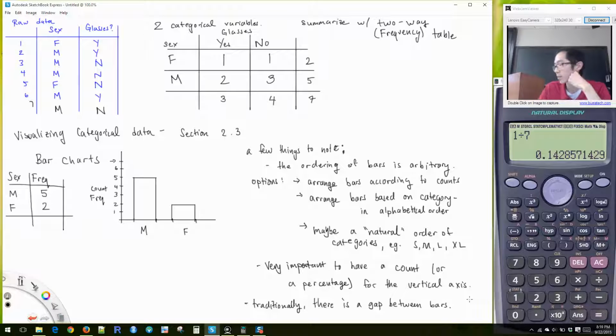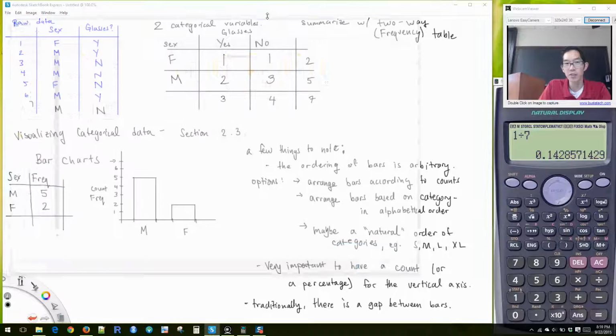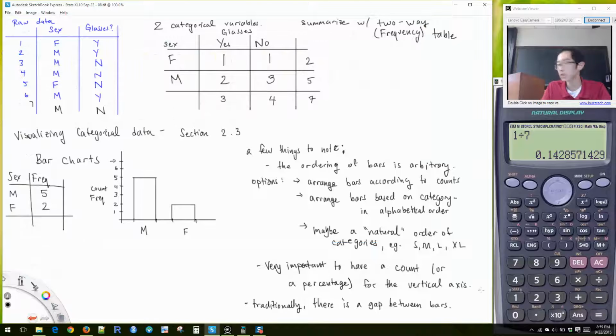It's not wrong per se to have no gap, but it just doesn't feel quite right. So these are bar charts, and you can have multiple categories, things like that. Is that okay?